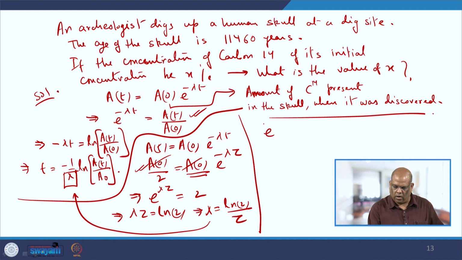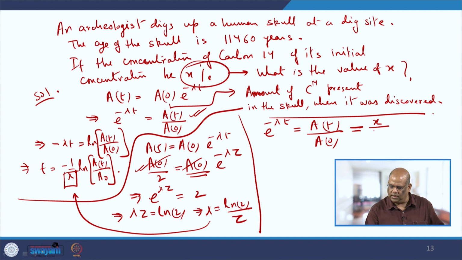So, we have from here e to the power minus lambda t equal to A(t) by A0, and this value is the concentration of x percentage, and hence this will be x divided by 100, and I have to calculate this value of x.